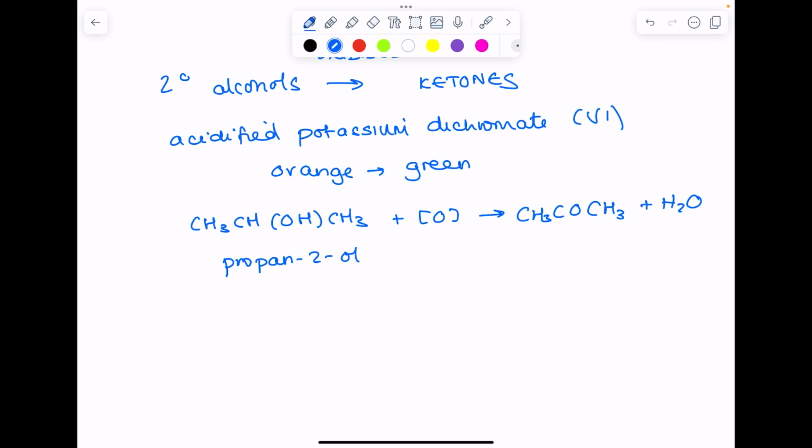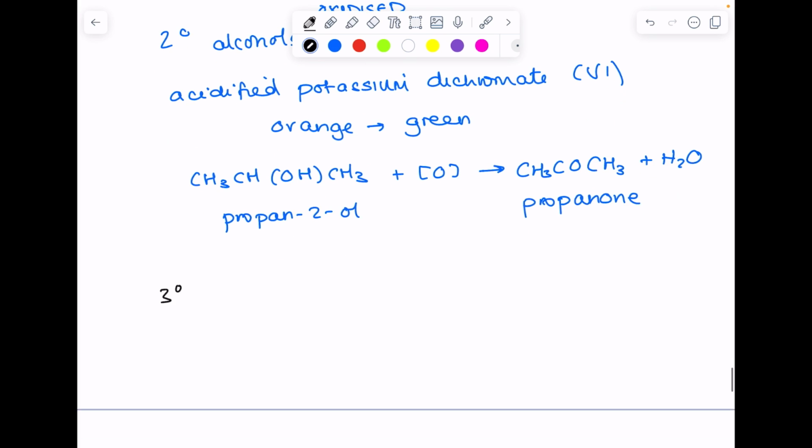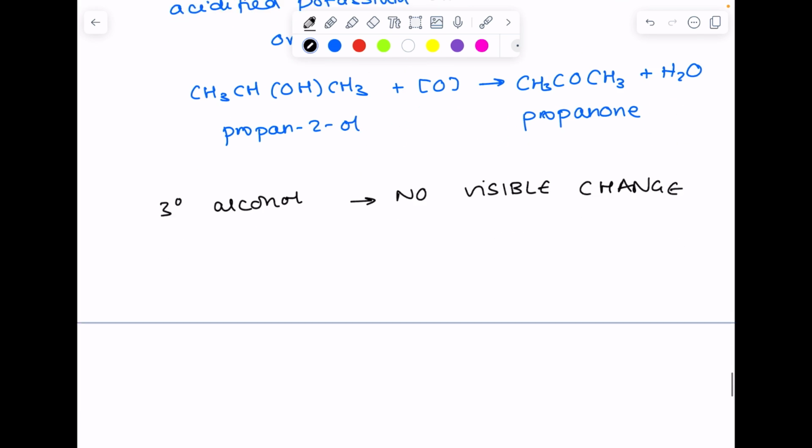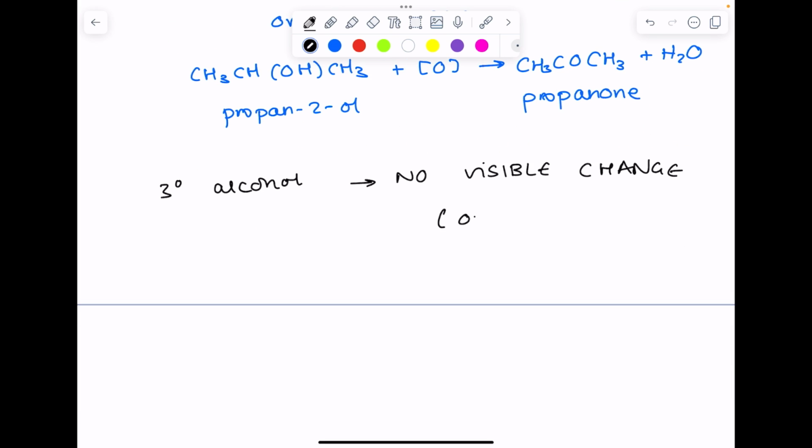It's a secondary alcohol, and here's your propanone, the ketone. And like I said, the colour change will be from orange to green. Those tertiary alcohols will be very difficult to oxidize, so no visible change will be seen when you heat it with potassium dichromate(VI). So the solution remains orange.